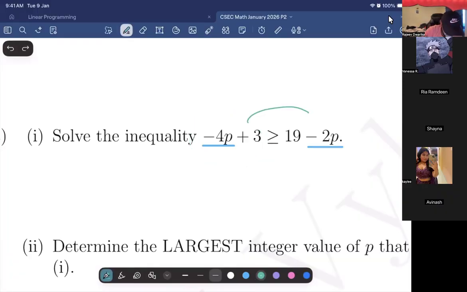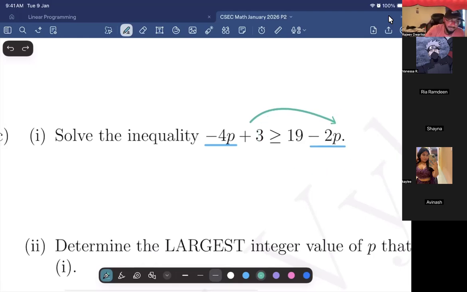And the negative 2p, move that across. So what should I write in my next line? Negative 4p plus 2p is more than or equal to 19 minus 3. Excellent.